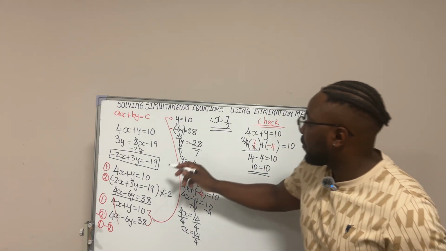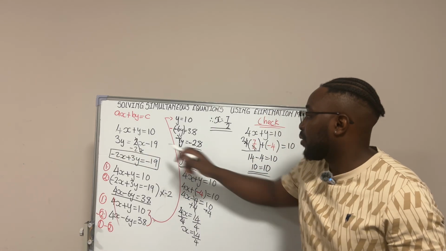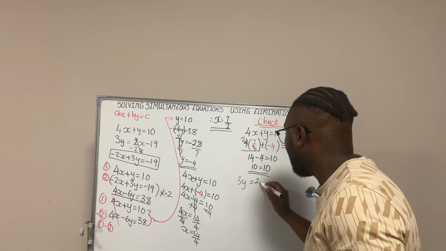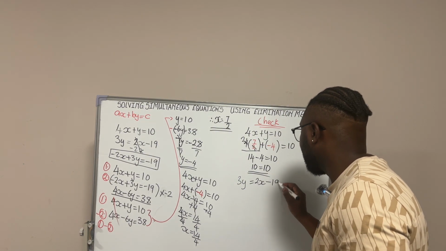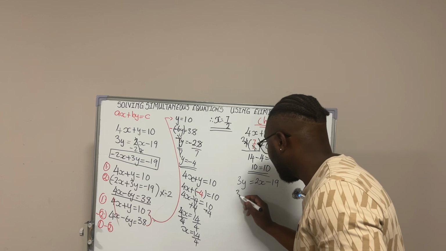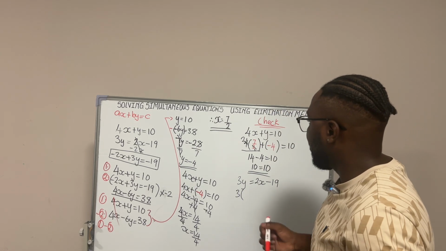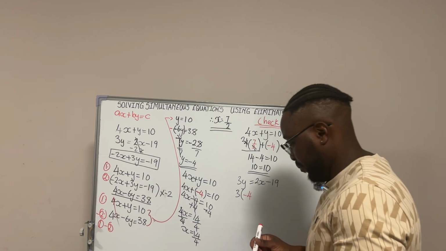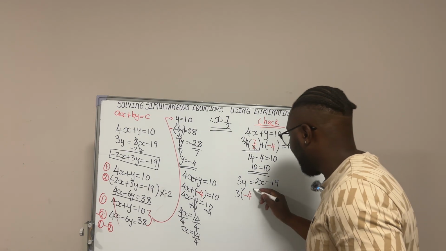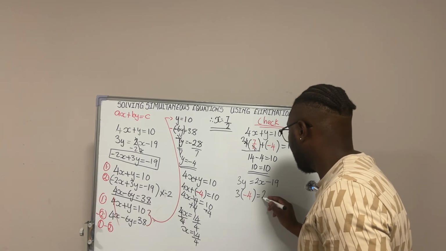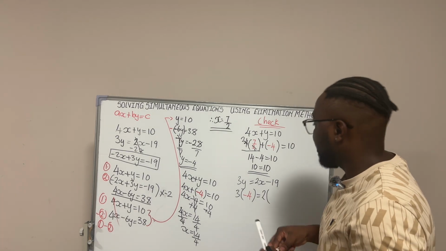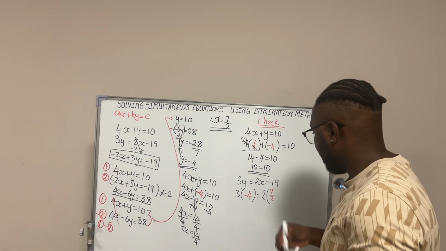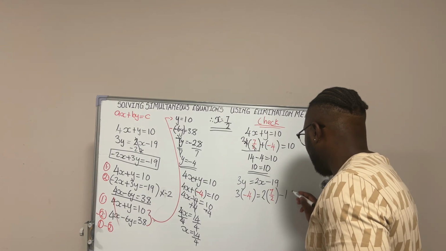So now, let us check in this equation right here, which is 3y equal to 2x minus 19. Let us substitute. Our value of y is negative 4, equal to 2 times our value of x, 7 over 2, minus 19.